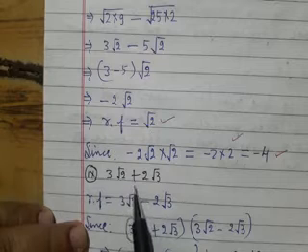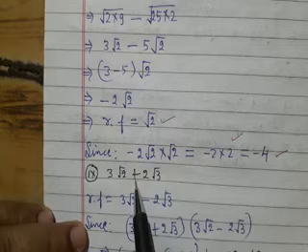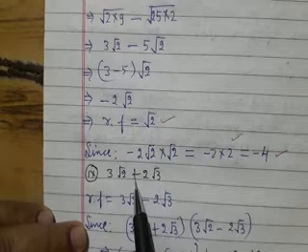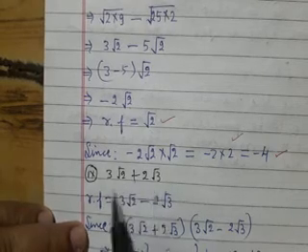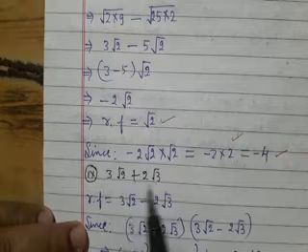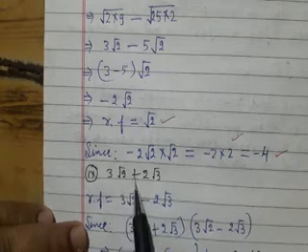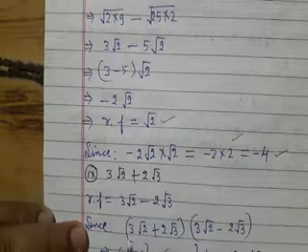When we have a binomial, a double term, in the simplest form, then if there is a plus sign in between, we take the conjugate, which means the rationalizing factor will have a minus sign.